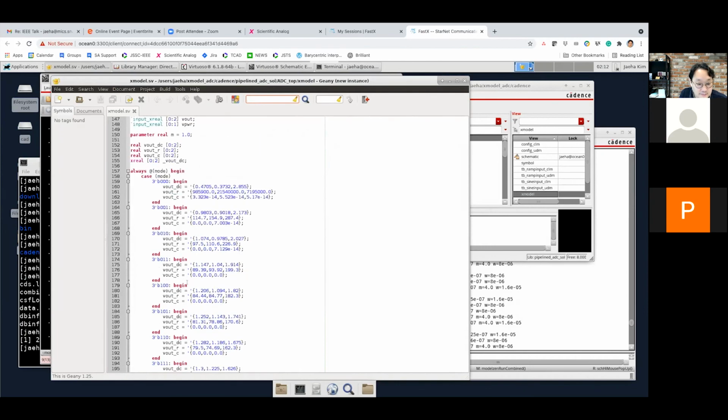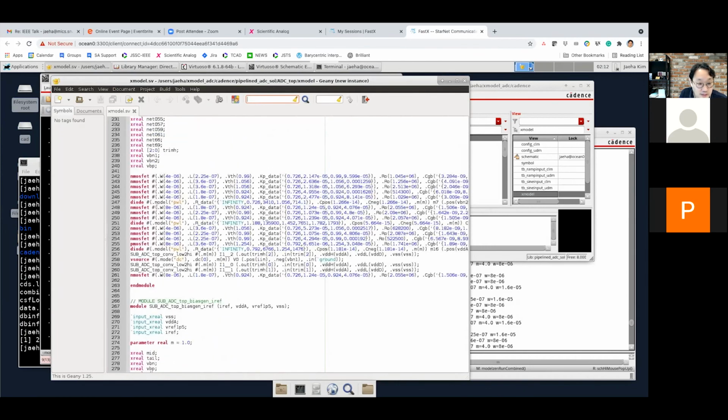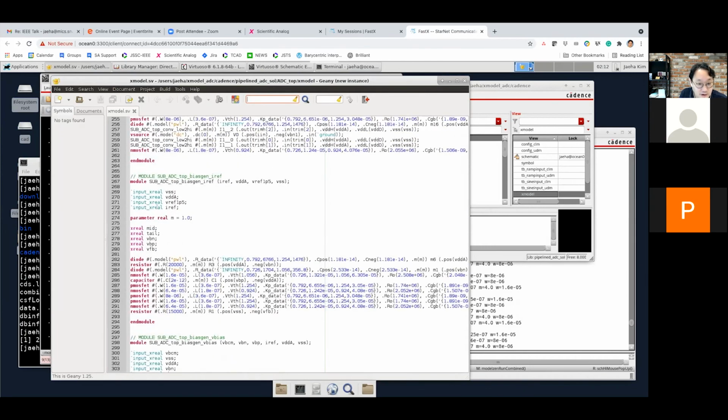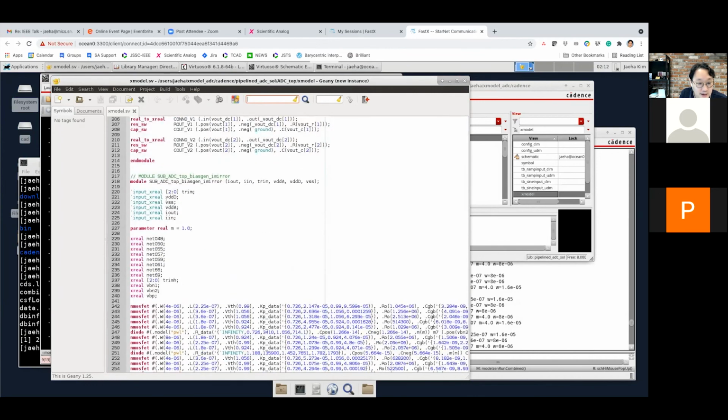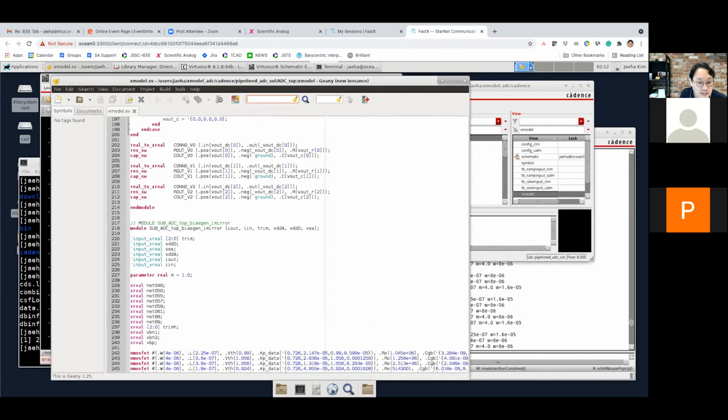In the end, there will be a kind of macro model driving the output voltage with this output resistance and capacitance, whose values are controlled by that lookup table. And we have 3 sets of them because we have 3 outputs.